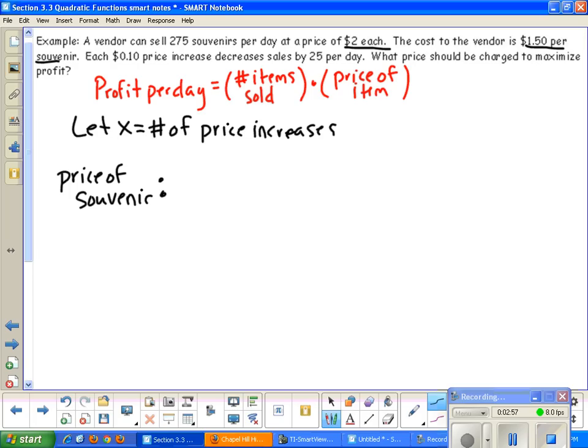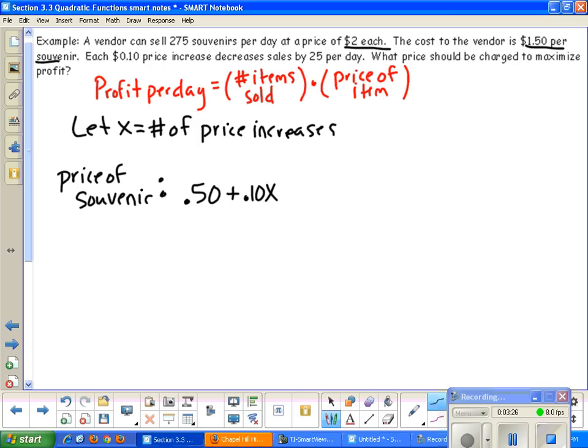So the price of the souvenir: if you are selling it at $2 each, and the cost to actually make the item is $1.50, then you're making a 50-cent profit. And then each 10-cent price increase, so 0.10 times the number of price increases that you have, is going to give you the price of each of the souvenirs.